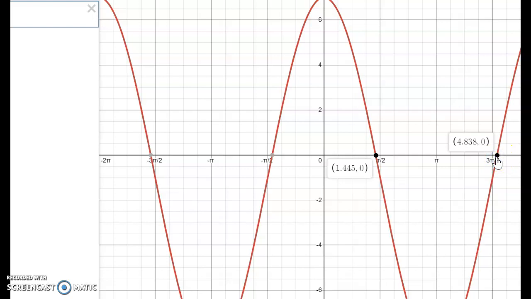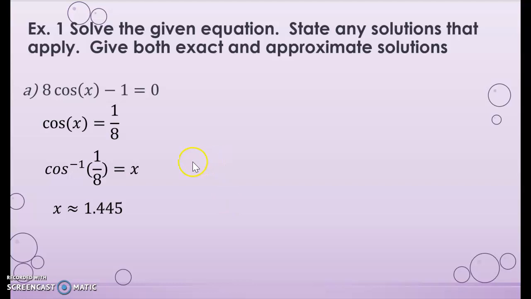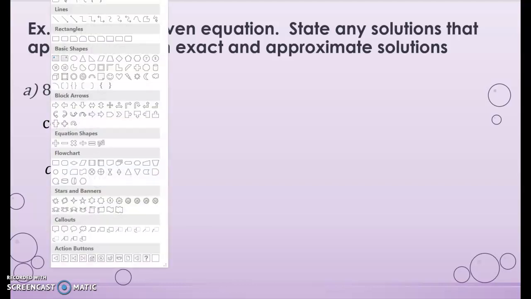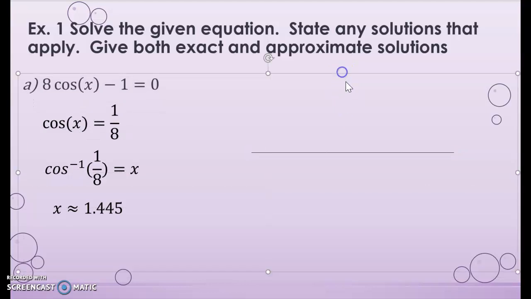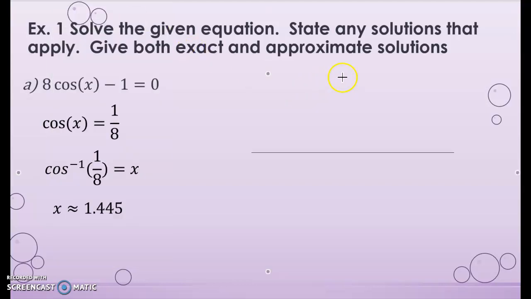But the question becomes, wait, how do I find the second point when I only have the first point? Well, let's go back to the basics, which is, let's go back to the unit circle.